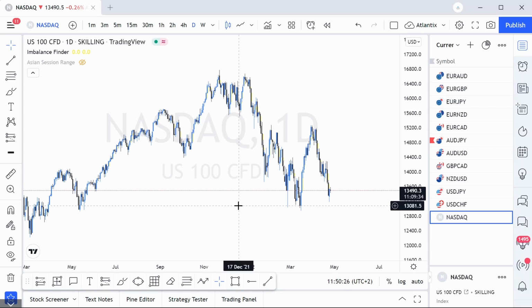Within each correction you can also find another impulse and corrective nature that will be taking place. All right, so let's demonstrate it. So let's start with this part.